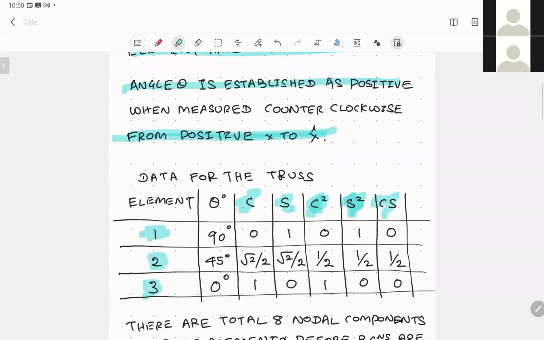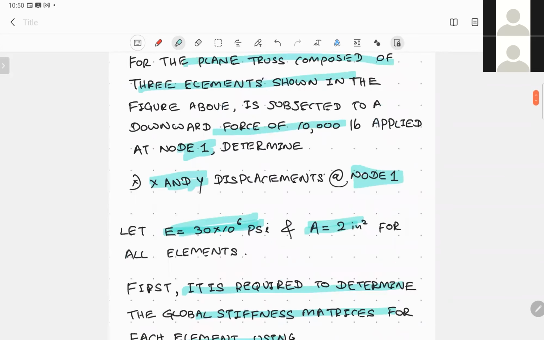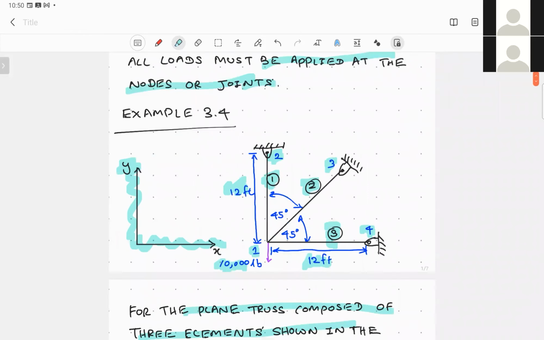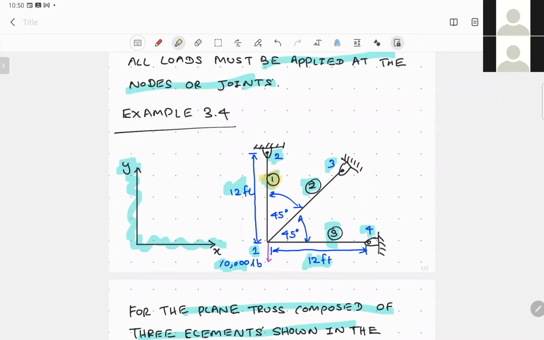You have three elements. Let's consider the first element. I will use three different colors for three different elements. First element. What is the angle? The local coordinate system is along the bar.